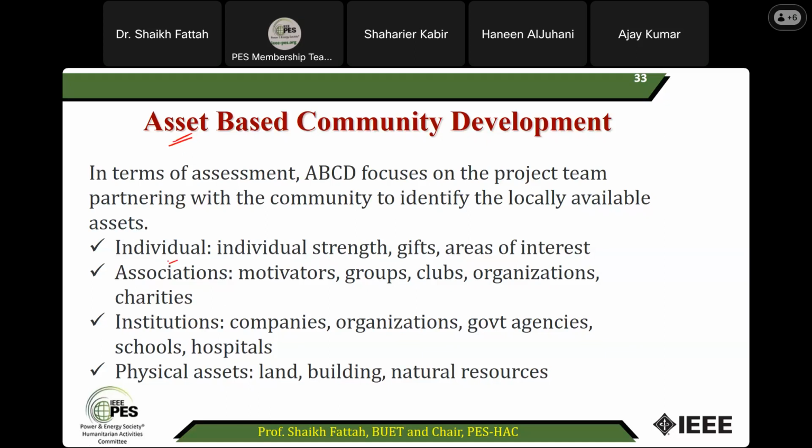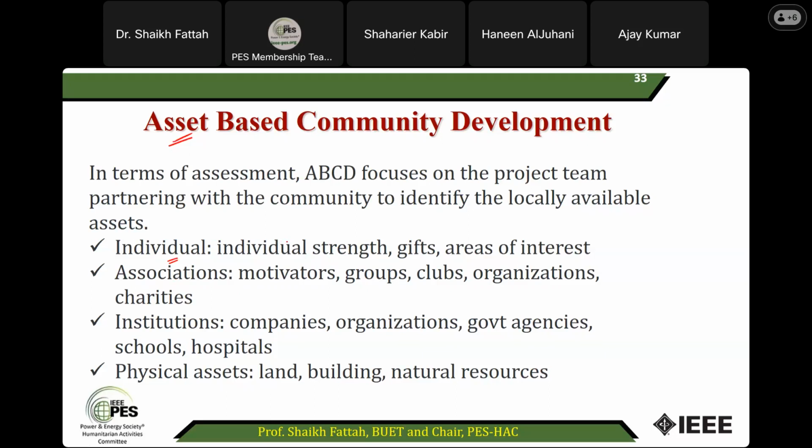Individual asset. They may have a skill which other villagers do not have. In different villages, you will see the villagers are living with their own skill, and the product they're making is very unique.